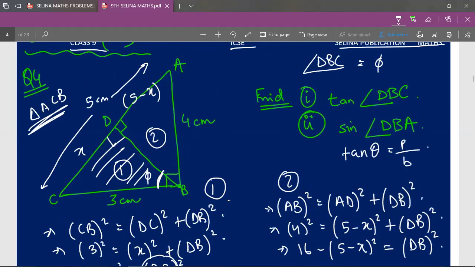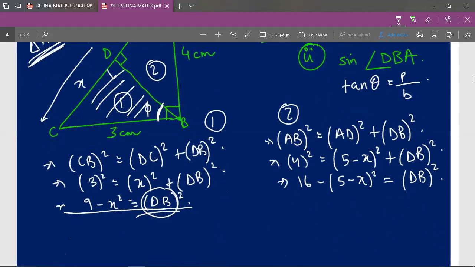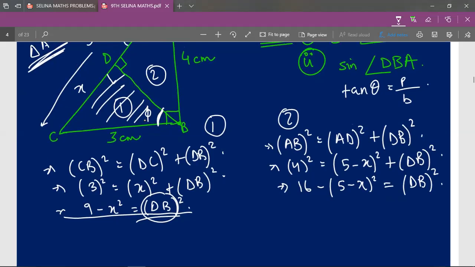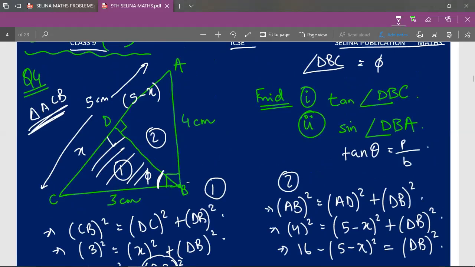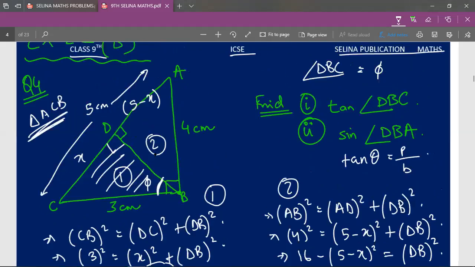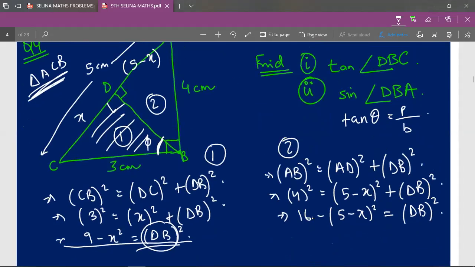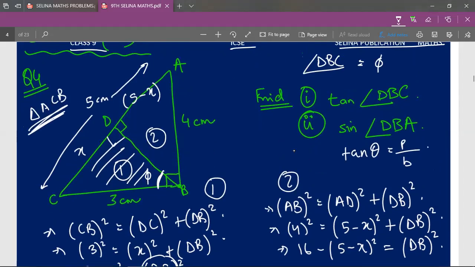But in both the triangles, the base is the same and our aim is the same. DB whole square is equal to 9 minus x square for the first part of the triangle ABC, and DB whole square is equal to 16 minus 5 minus x whole square for the second part of the triangle ABC.